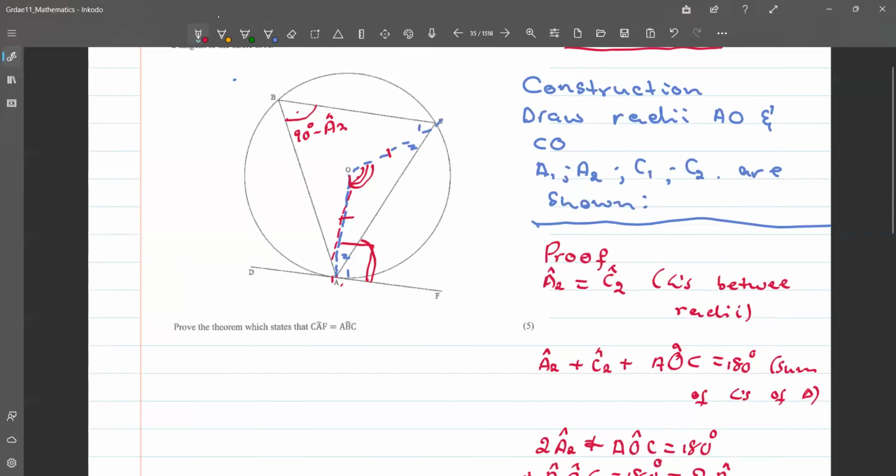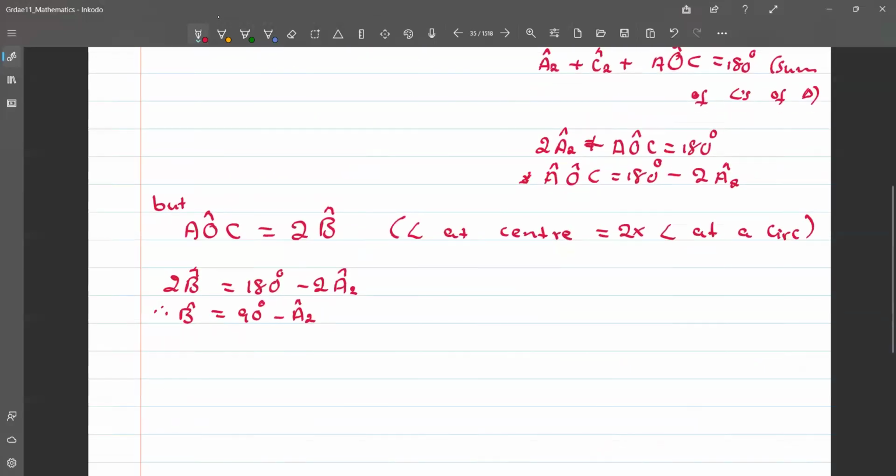So that last statement in the other proof is also applicable here. So now we're going to say angle A1 plus angle A2 equals 90 degrees, because the radius is perpendicular to the tangent.